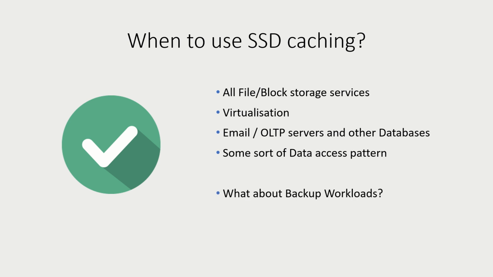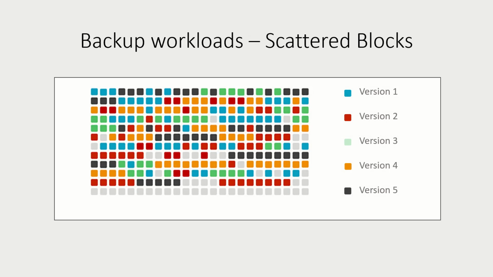Now, backup workloads, I always bring these to your attention because even though the backup itself won't benefit, there are other aspects which can see a boost in performance with an SSD cache. To explain this, when you've enabled versioning and you want to restore versions, think of where the versions are written on the file system.